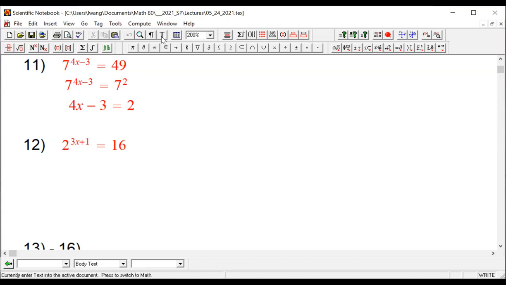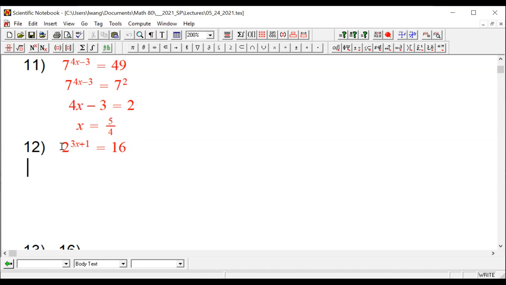Solving for x by adding 3 on both sides, divide both sides by 4, and we get 5 over 4. Getting easier, isn't it? You can also use the definition for sure, but we're using the most straightforward way to do it.